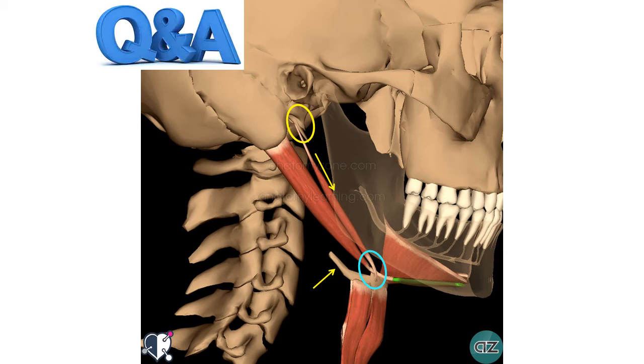This is the stylohyoid. Then at this point there is a muscle that takes attachment to the mastoid process, and as it comes down it reaches the point of bifurcation of the stylohyoid, and then it proceeds as anterior belly to the digastric fossa on the mandible.